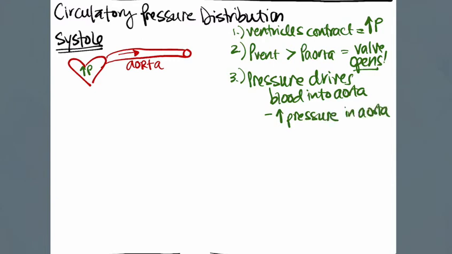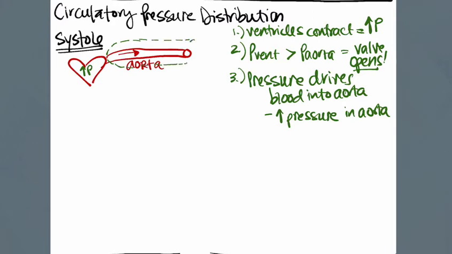Pressure goes up. But the aorta is not a metal tube, right? It doesn't have zero compliance. And if you start increasing the pressure, the walls of the aorta are going to stretch.